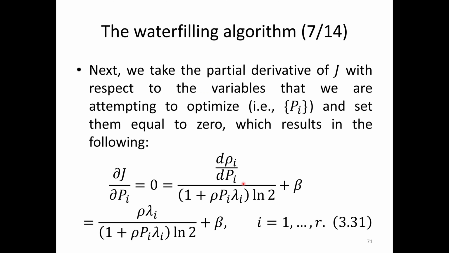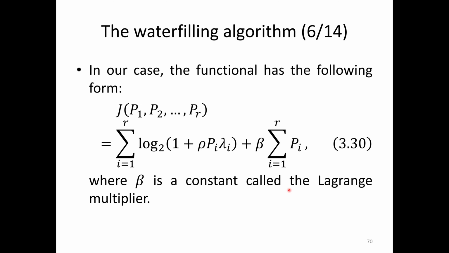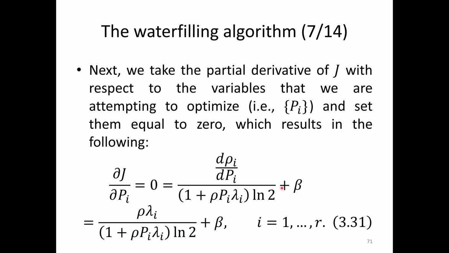Then according to the chain rule, we must multiply it by d rho i by d Pi, where rho i is equal to rho Pi lambda i plus beta. Because this term, if we take the partial derivative with respect to Pi, then we will get beta.